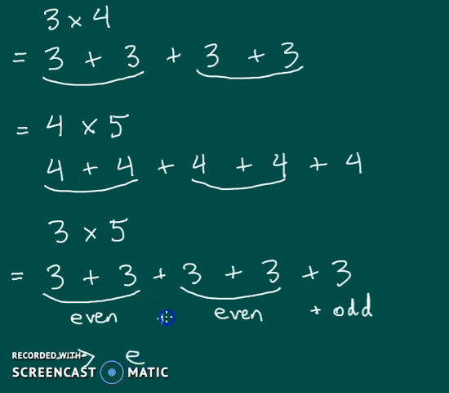So these two added together will make an even number. And then I'm adding an odd number. And as we already know, an even number plus an odd number makes an odd number.